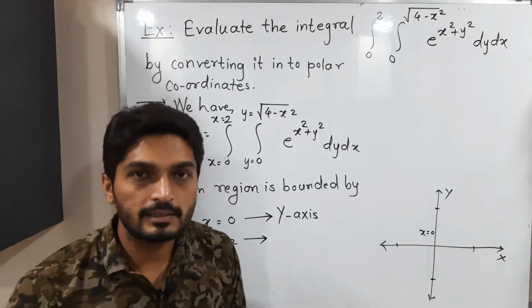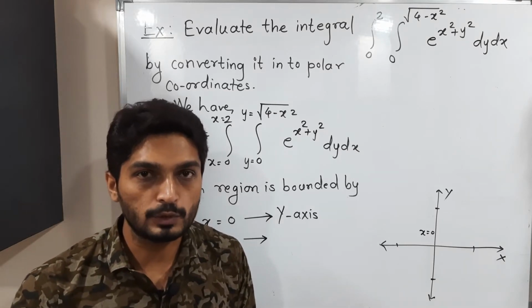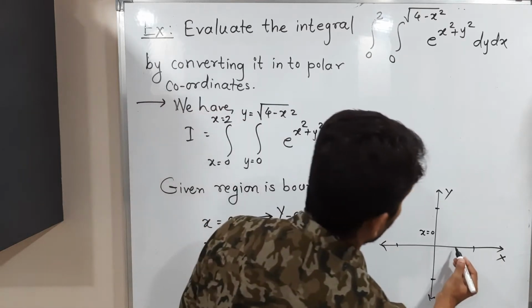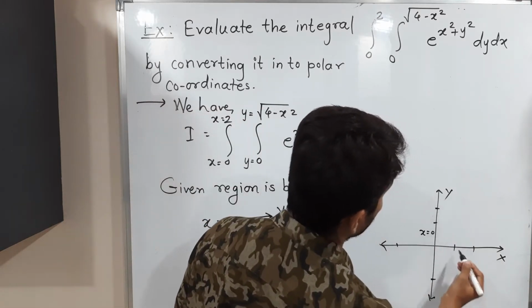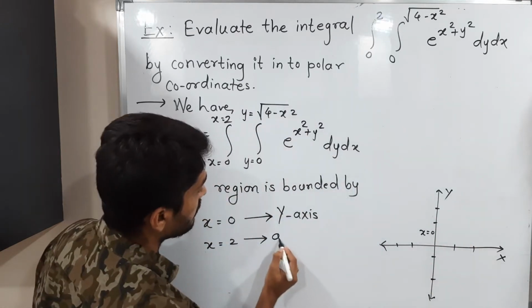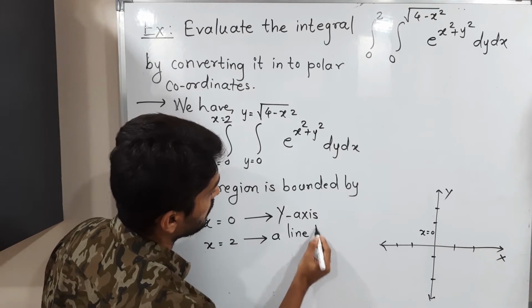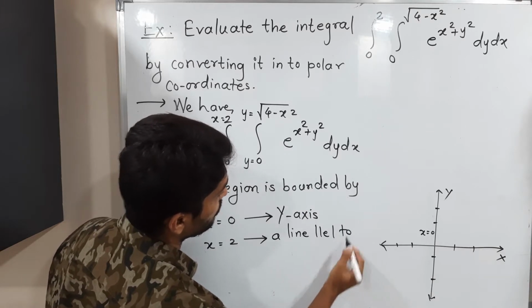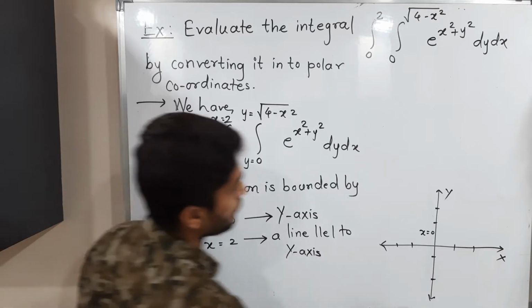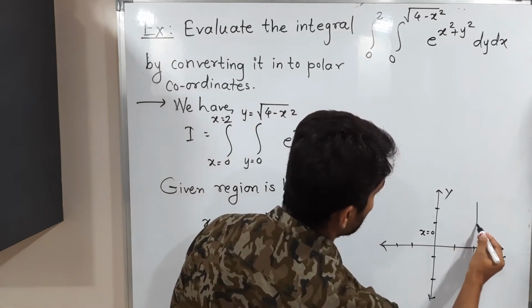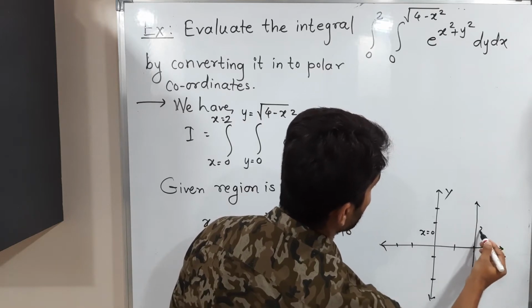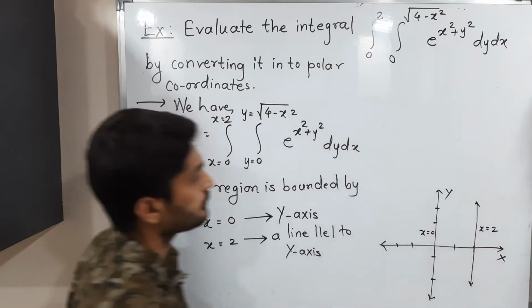You know that x is equal to 2 is the equation of a line parallel to the y-axis which passes through x is equal to 2. Suppose 1 is here, 2, 2. So the line will be like this. We have this line, x is equal to 2.